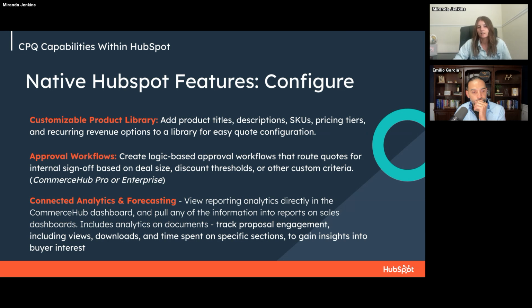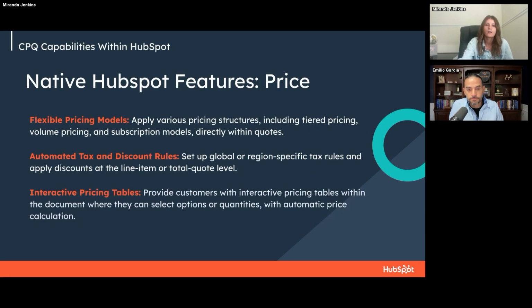And that includes analytics on documents, so you can track the engagement on your quotes and proposals, including how many times it was viewed, downloaded, and then the time spent on specific sections, which can give you some insights into your customers.